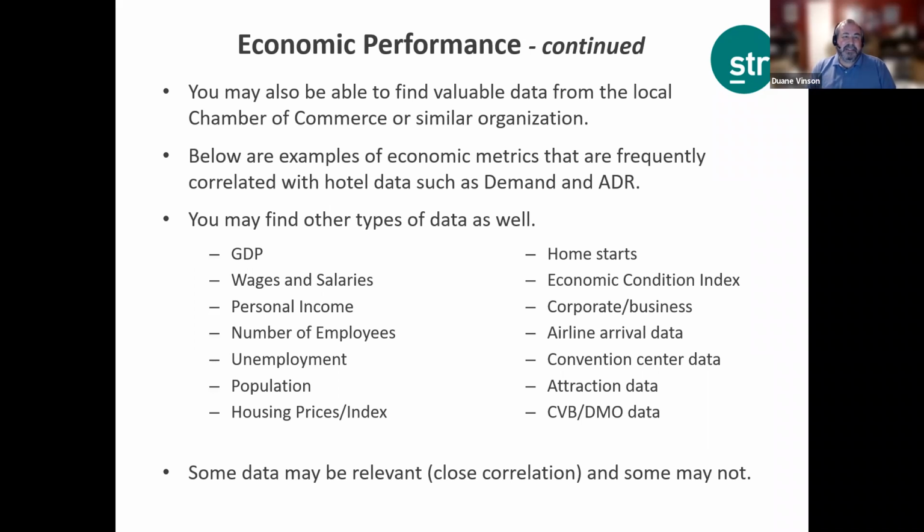Here are some of the things we looked at last week, and these are things that we would want to draw upon as well. It could be important for us when talking about the economic performance, the outlook for our market. We listed several of these last week: GDP, things like wages, personal income, employment, population change, things like this.